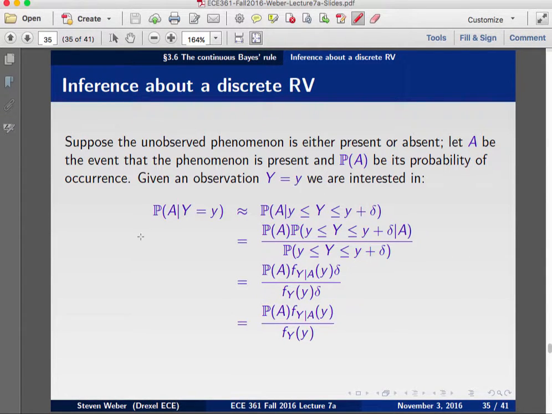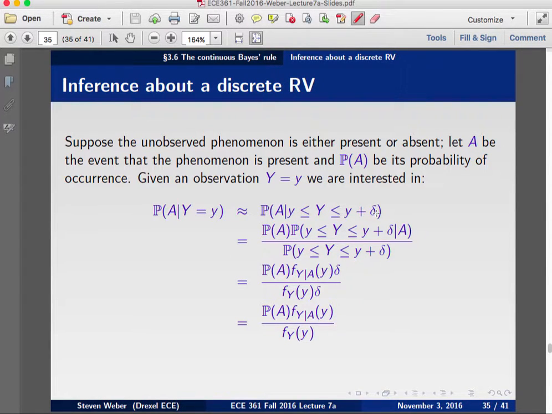And we're interested in understanding the probability that the phenomenon of interest has occurred given that our observation is little y. And for small enough delta, this event that random variable y is equal to little y is approximately the probability of A given that y is in some interval, y to y plus delta.